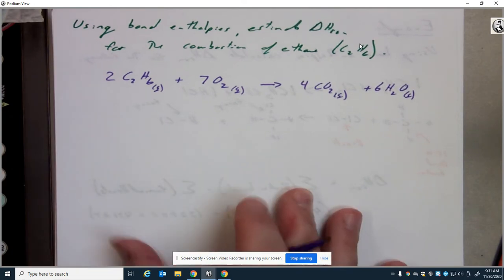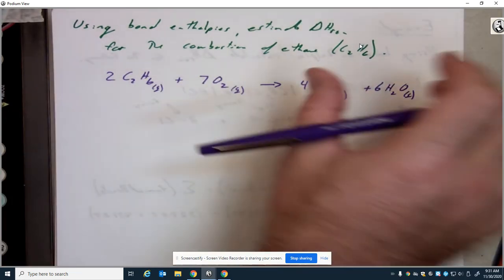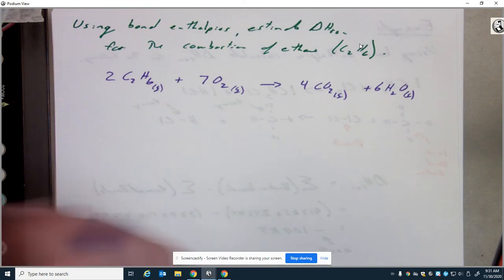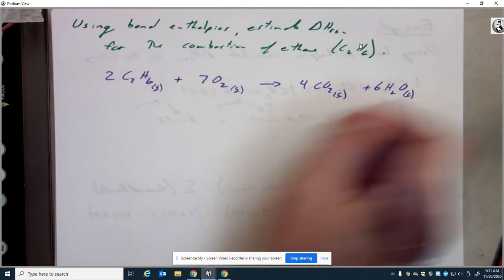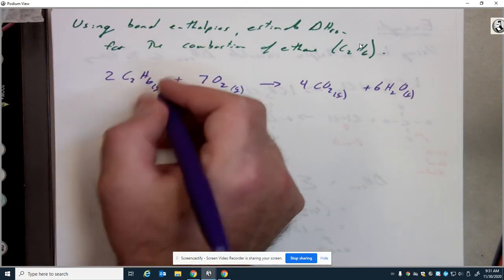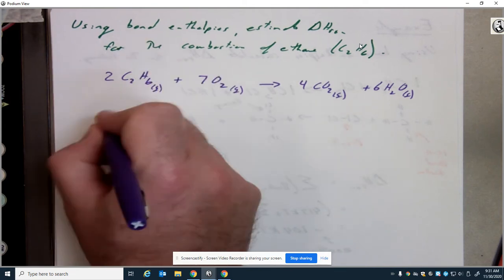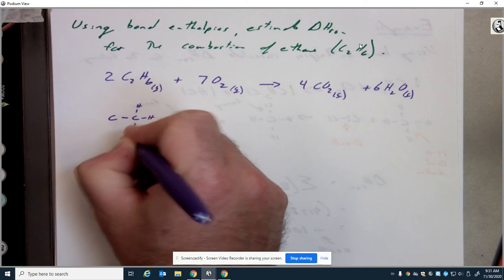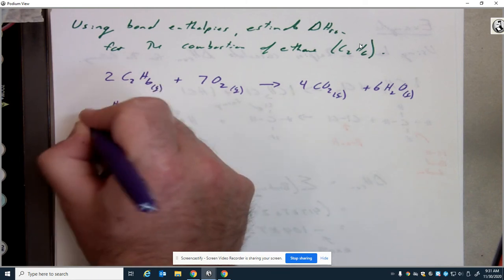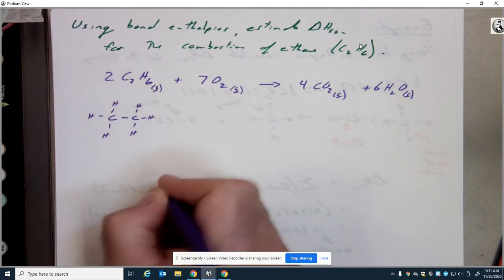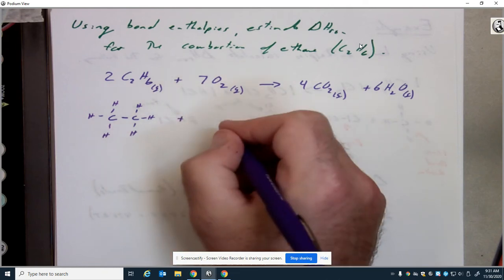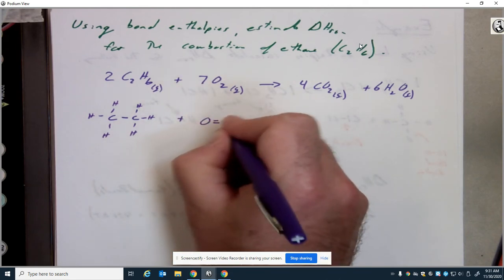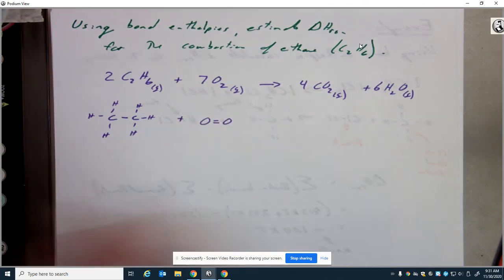Okay. Now, we're going to be breaking old bonds and we're going to be making new bonds. So I like to draw out either my Lewis structures or my structural formulas. So this is ethane. Oxygen has a double bond.